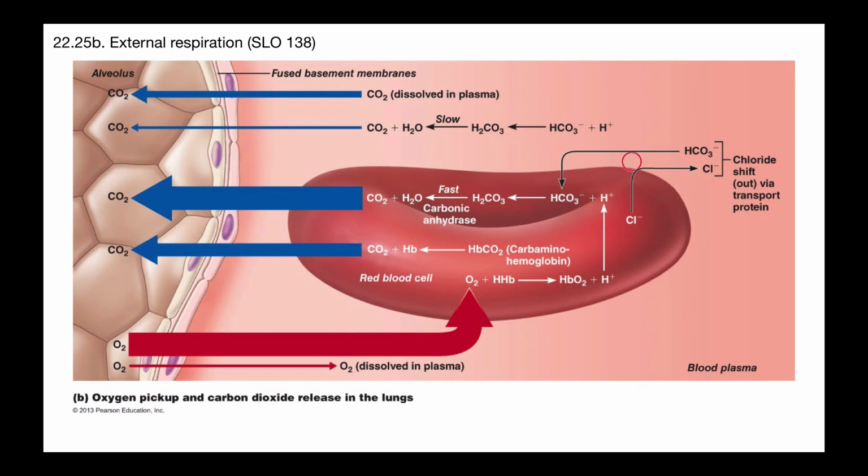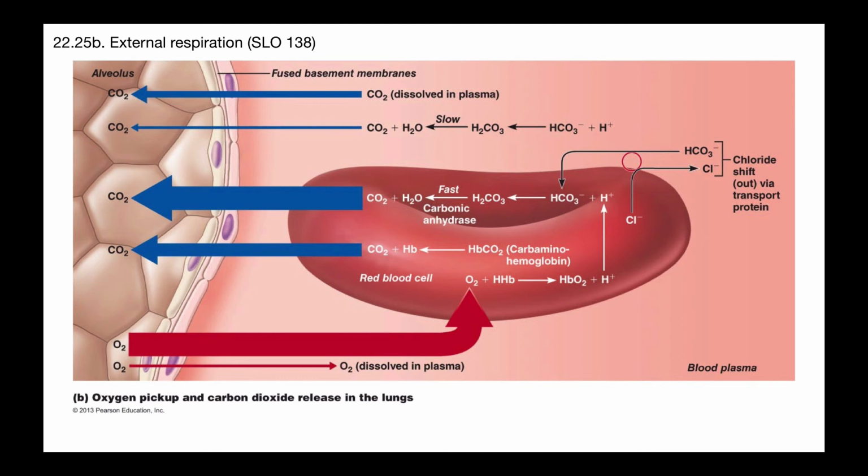Similarly, the chloride shift works the other way through that antiport system, where the chlorine is lost, the carbonate group gets brought back in, reforms carbonic acid, which carbonic anhydrase splits into carbon dioxide and water, and then it dumps out the carbon dioxide that way. And the last one is the hemoglobin way, where carbon dioxide just loses its attachment from carbaminohemoglobin and ends up leaving.